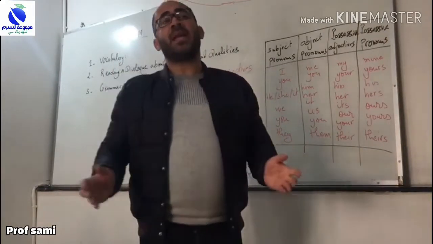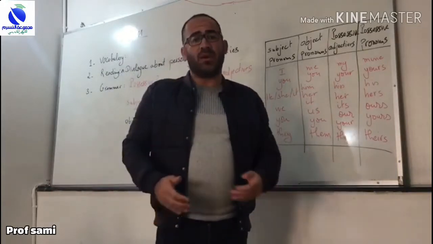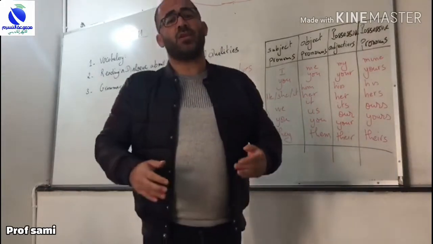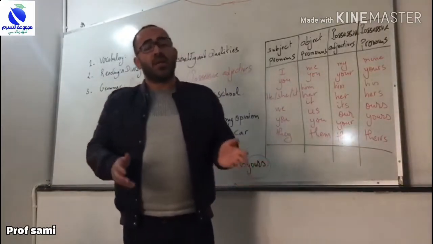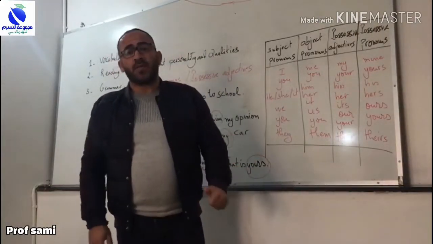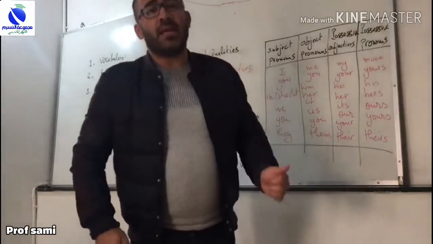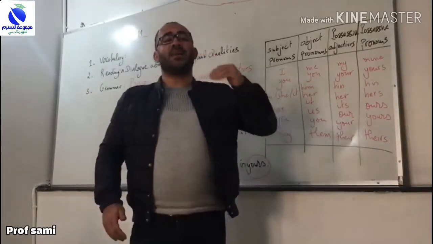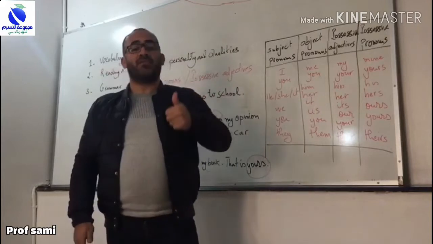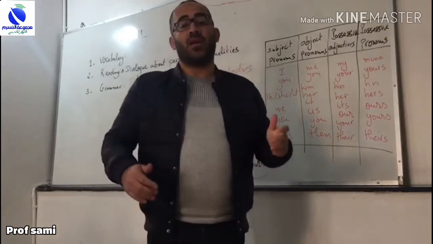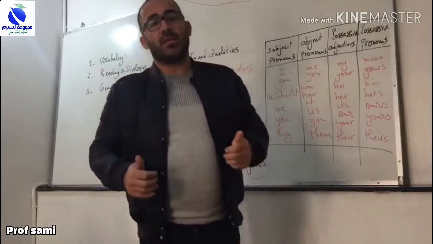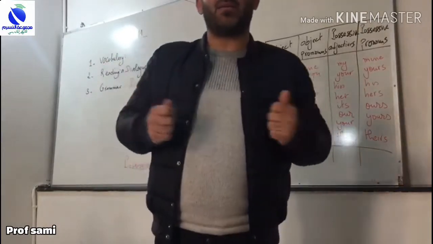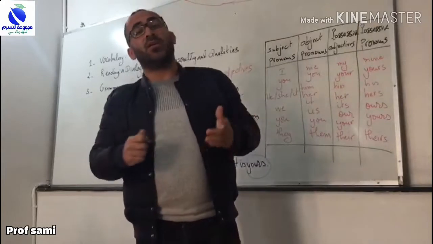There are many adjectives, as I explained to you. I gave you many adjectives to describe the physical appearance of someone. You can also say he has got long hair, she has got long hair, he has got brown eyes, or red eyes, or green eyes.